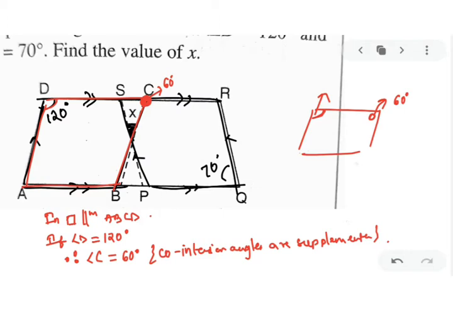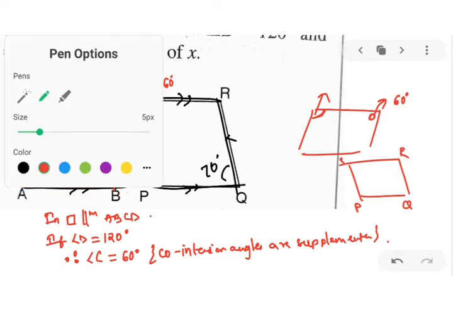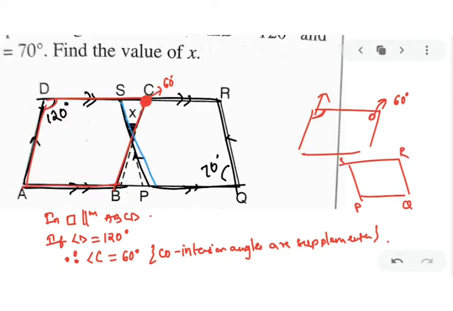Now if you notice PQRS, I am doing with blue. PQRS, if Q is 70, can I say angle S also 70? Why? Because opposite angles of parallelogram are equal.